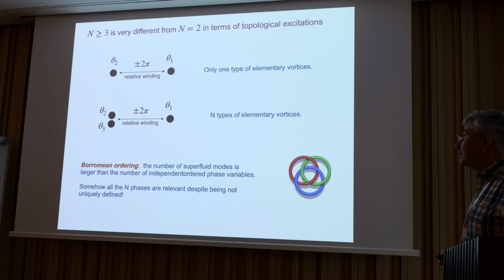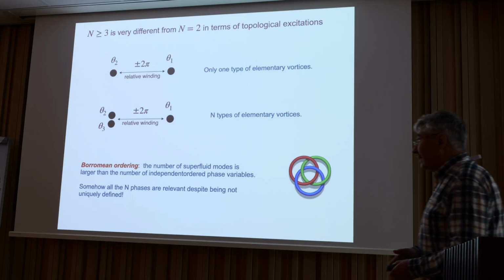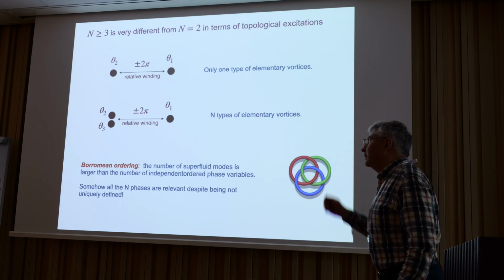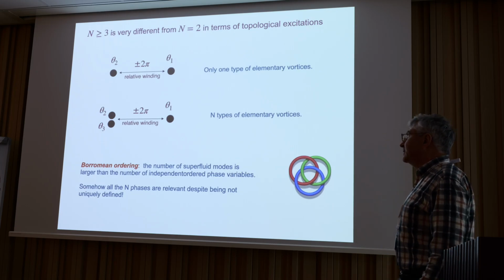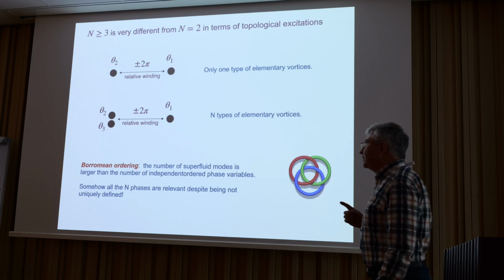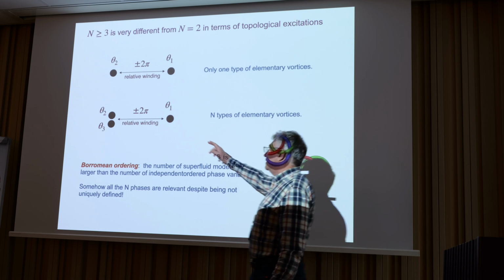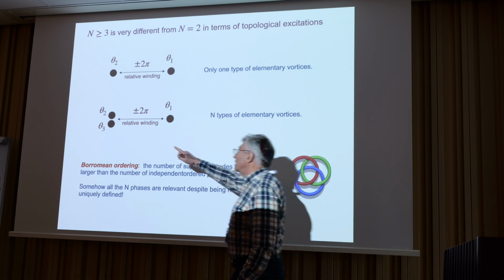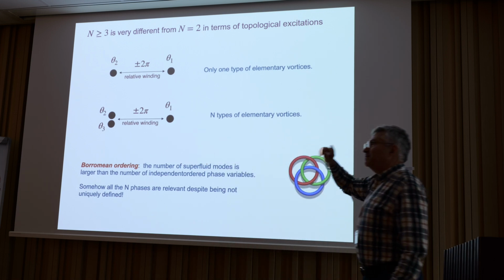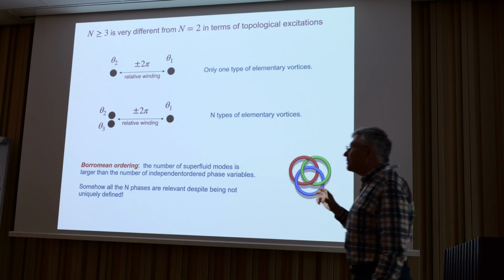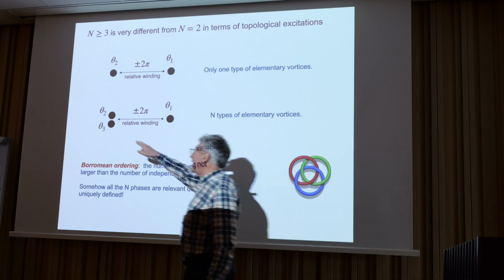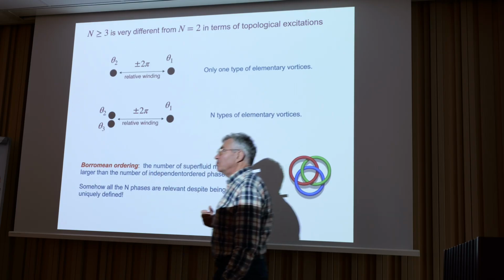And it turns out that elementary vortices or elementary counterflow supercurrent states actually correspond to one of the n components winding its phase with respect to the others, while the others are not supposed to wind their phase with respect to each other.